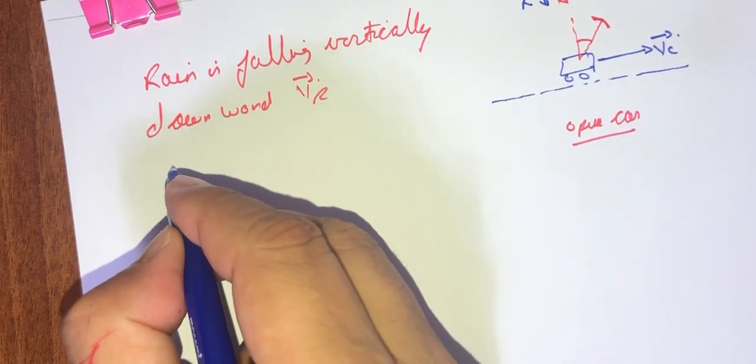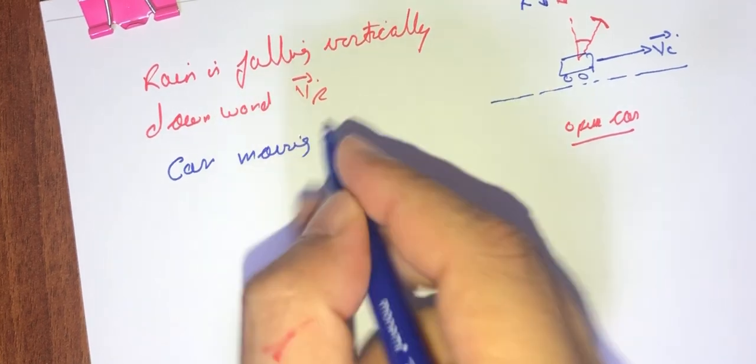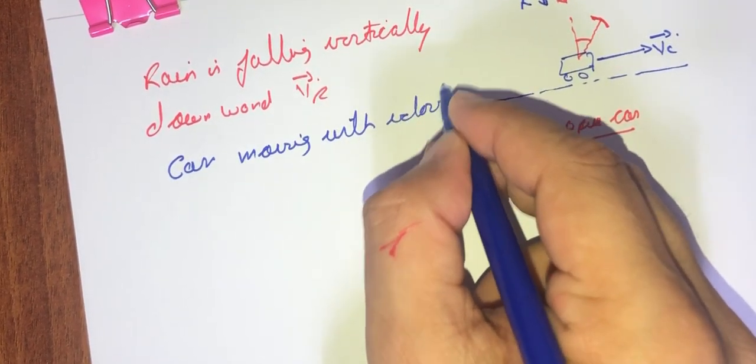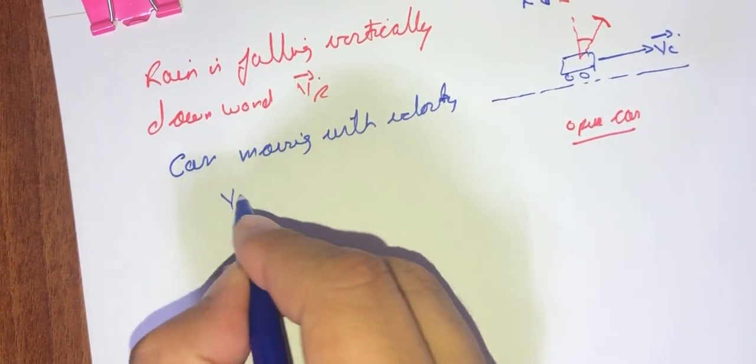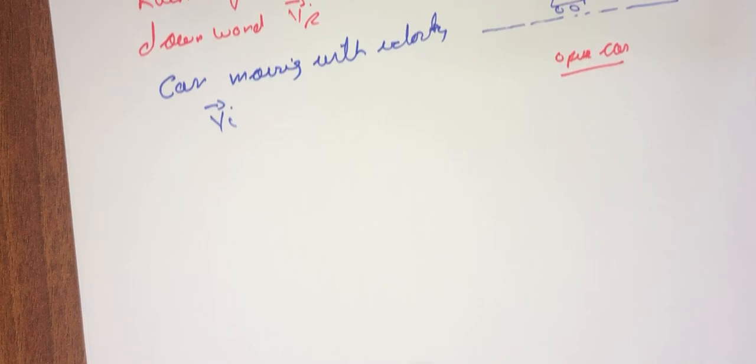Car is moving with velocity Vc. Let's complete the triangle.